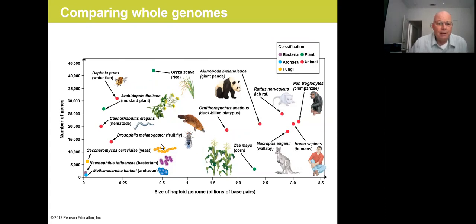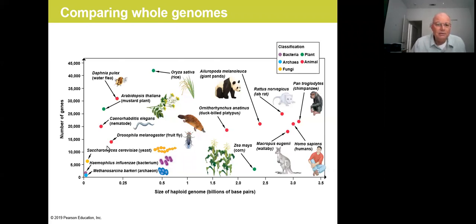If you want another example, here's the number of genes in the simple little fruit fly. About 15,000 genes. Some people say 17,000 genes. In a human, it's around 21,000 genes. So there's not a whole lot of difference in the number of genes.